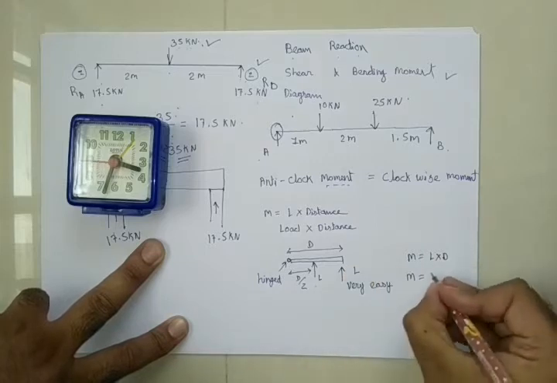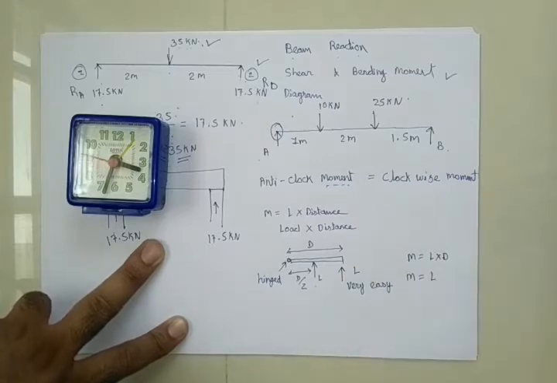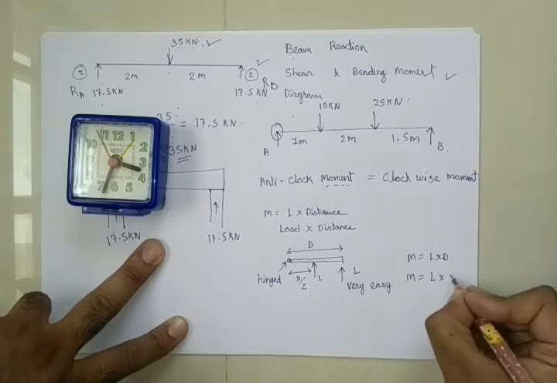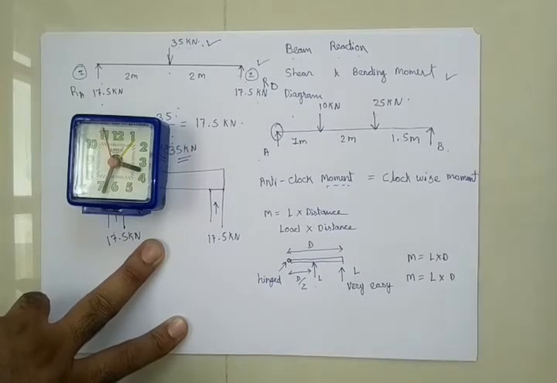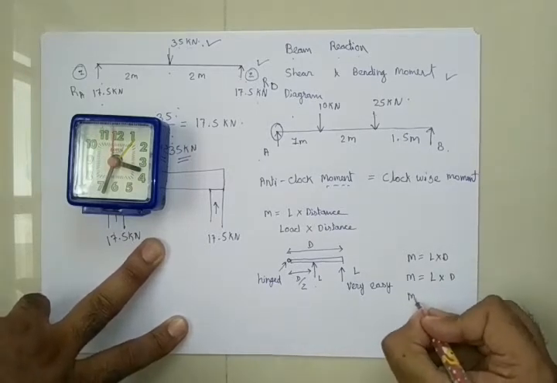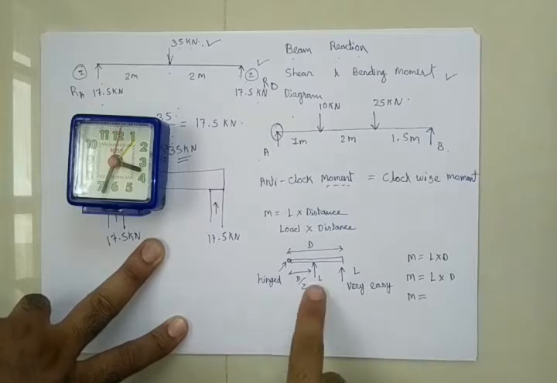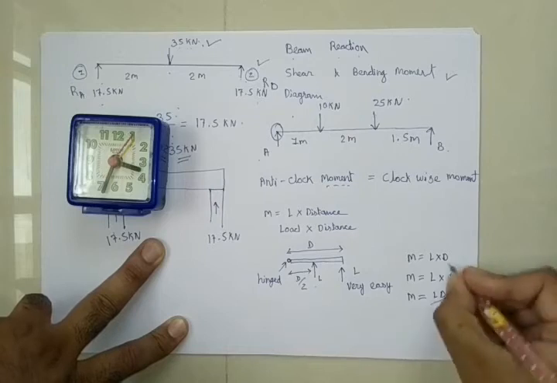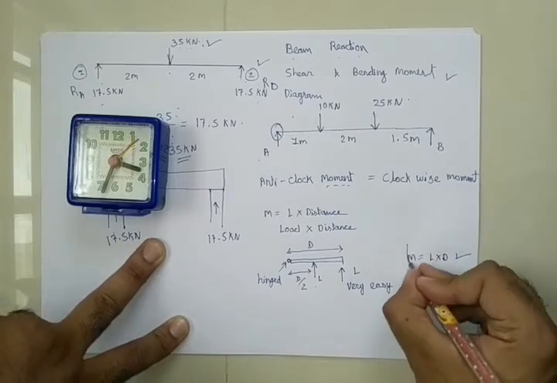Load is as it is. I am not changing the amount of load, but the distance changed. This distance was D and now it is D by 2. So now the moment generated due to this load will be half of the moment generated by this load.